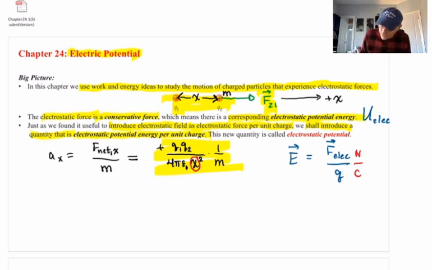In other words, U electric over Q, with units of joule per Coulomb, energy over charge. And we're going to give this quantity its own name, electrostatic potential energy per unit charge.